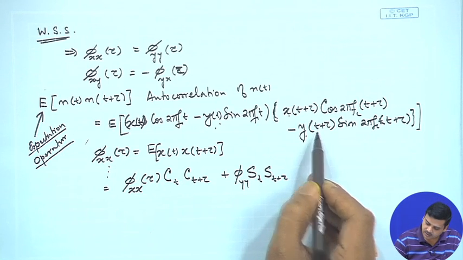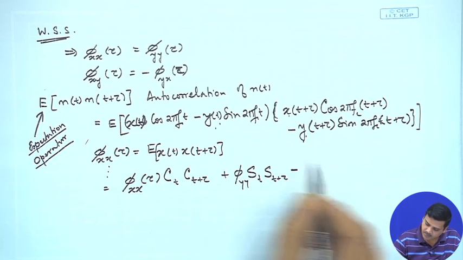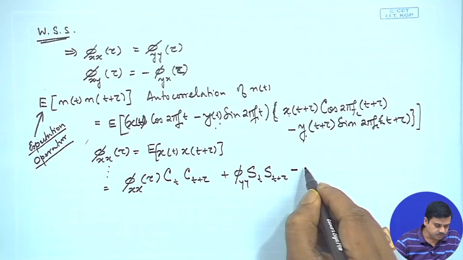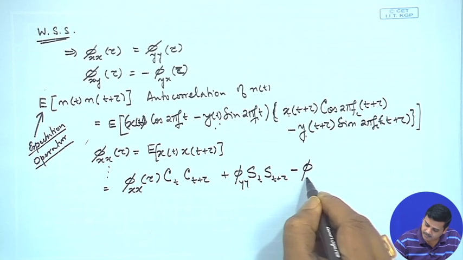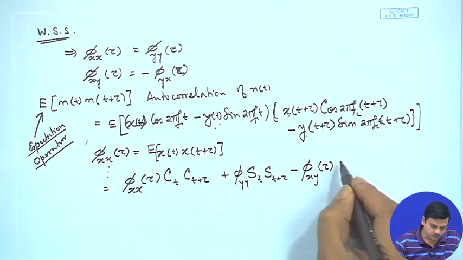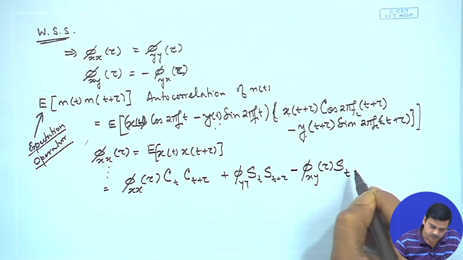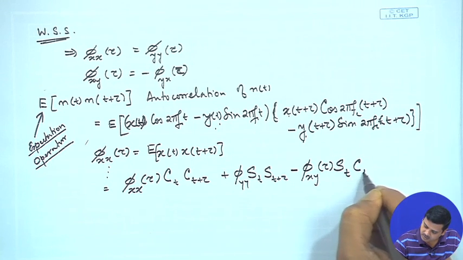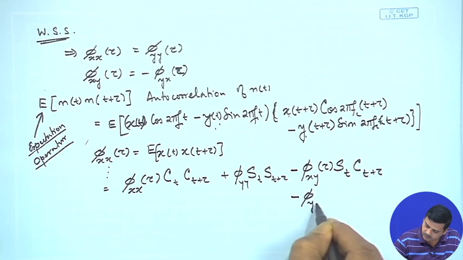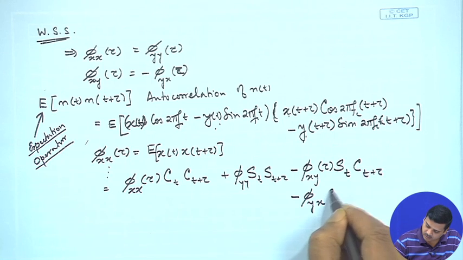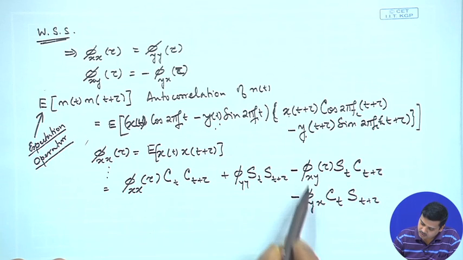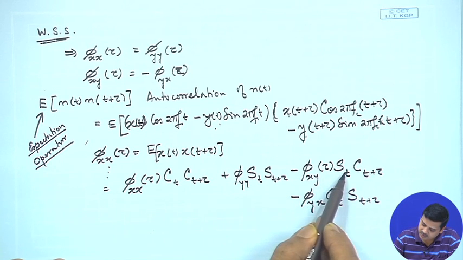So, when you get this cross term, you are going to get a minus, and in this case also you are going to get a minus. So, we are going to get two terms, that is phi_xy of tau along with sine of t and cos of (t plus tau), and we are going to get another term phi_yx with cos of t and sine of (t plus tau). So, this term x, you see there is a t.